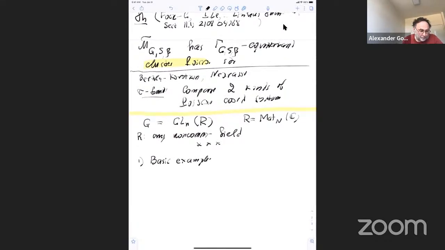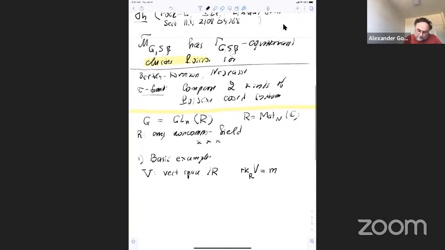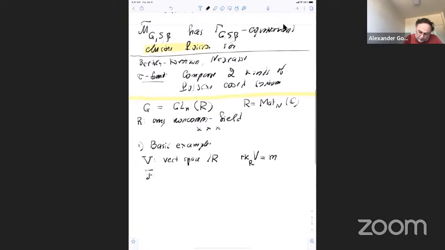So this basic example is the following. You take V to be a vector space over this non-commutative R, and you suppose that the rank of V over this R is M, a given integer. Then you take a flag, so we want to consider flags.